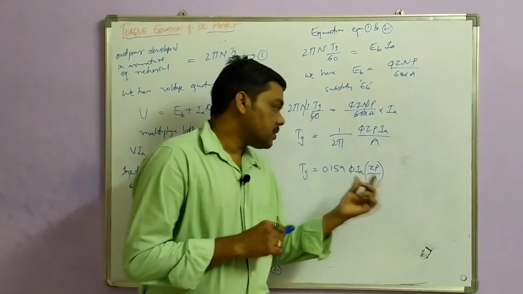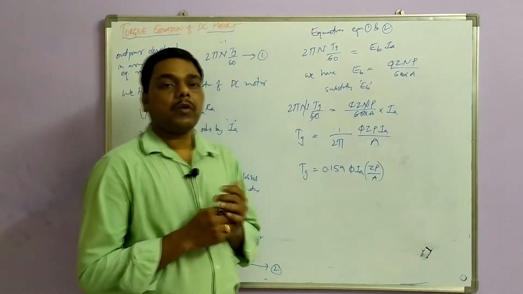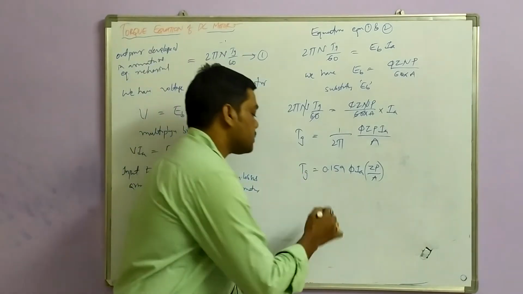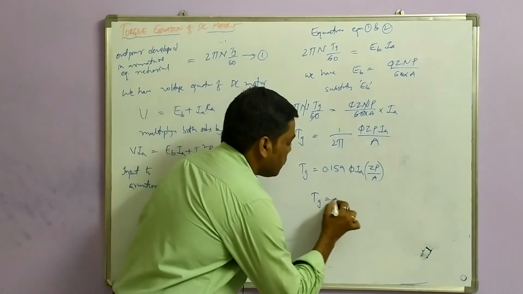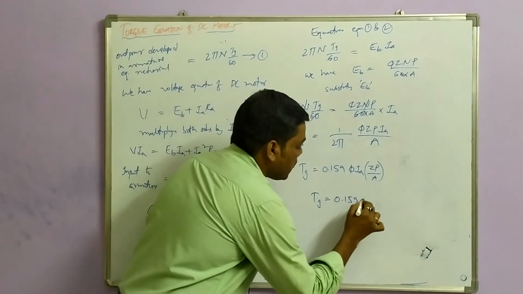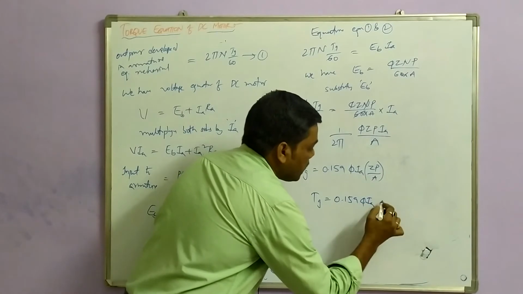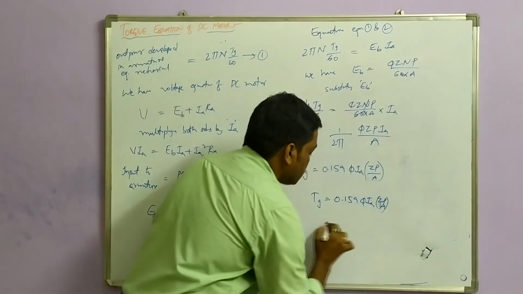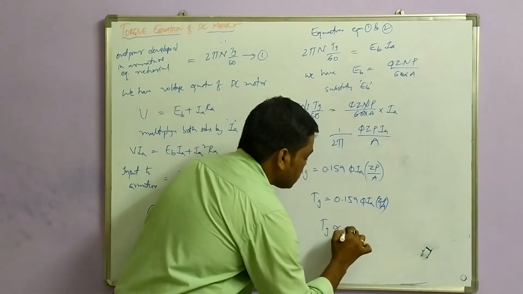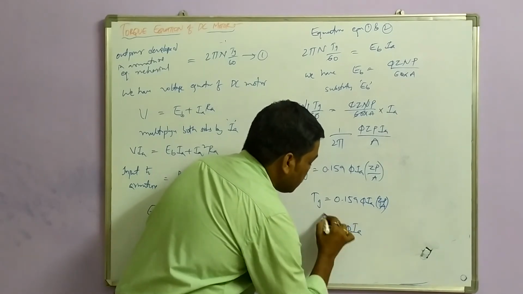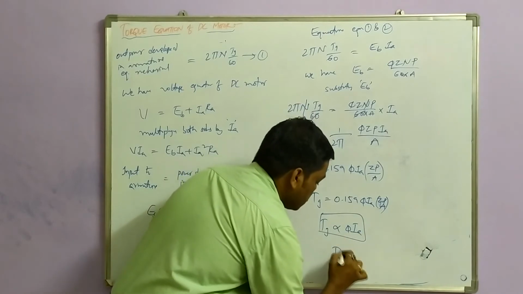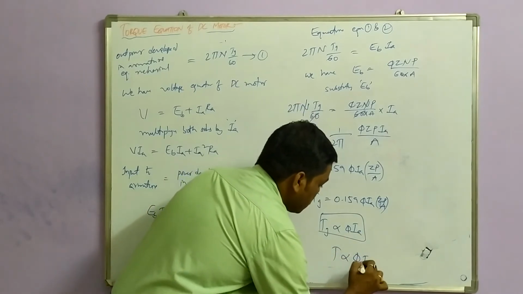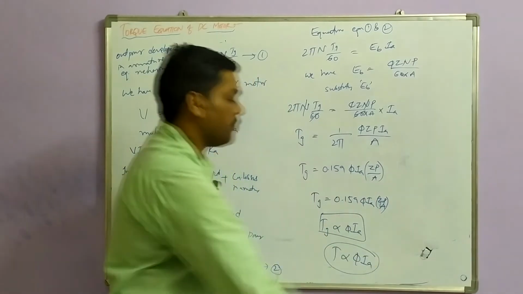Z P by A is a constant term, so I keep it in brackets. So Tg is equal to 0.159 into phi Ia into Z P by A, and therefore Tg is proportional to phi into Ia.